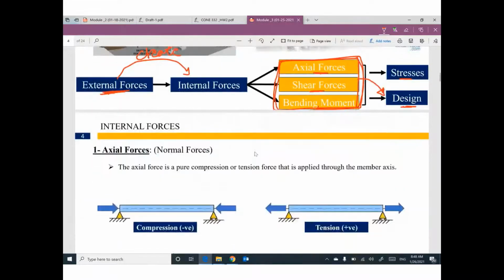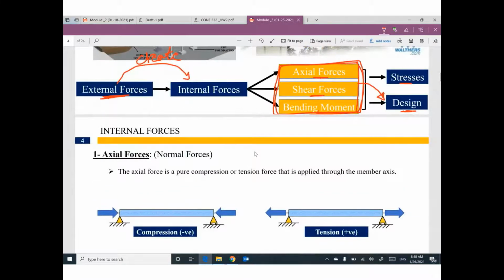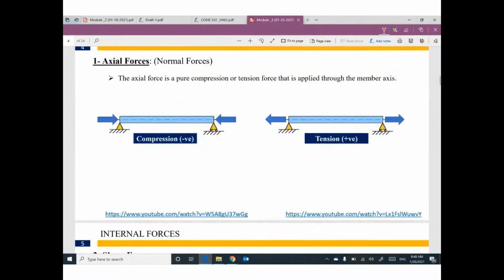Okay? As I told you, the subject for this chapter is the internal forces in beams and frames. We have three internal forces. The first one is called axial force. The second one is called shear force. The third one is called bending moment. Let's focus on the first one.